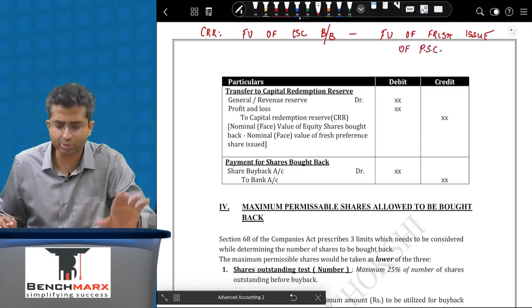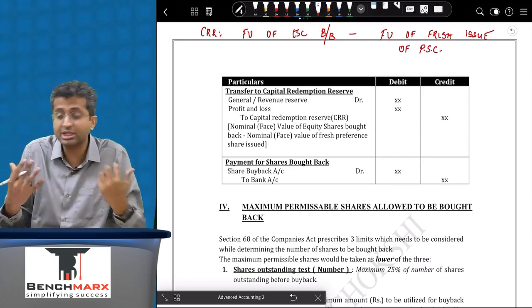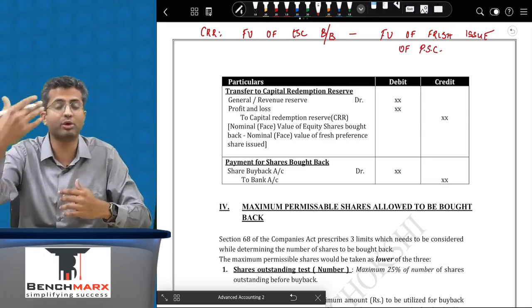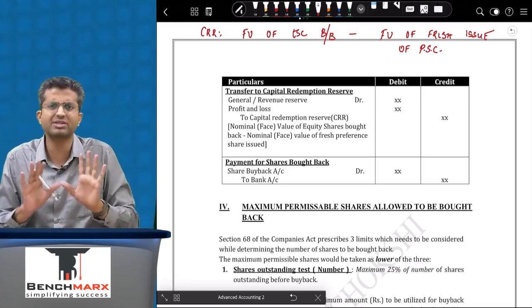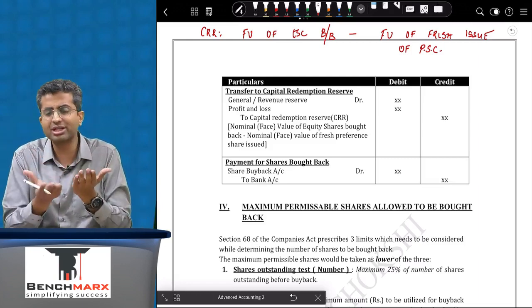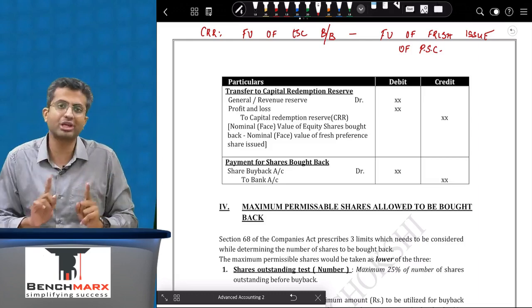In most of the questions this will not be there, but in some of the questions the institute might have a fresh issue of preference shares, also a fresh issue of debentures. We have to ignore the fresh issue of debentures for the CRR calculation, because debentures don't increase the capital base, preference shares increase the capital base.